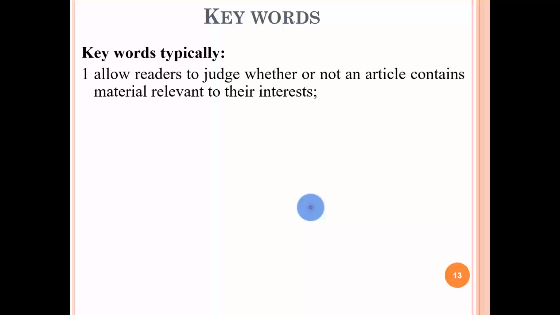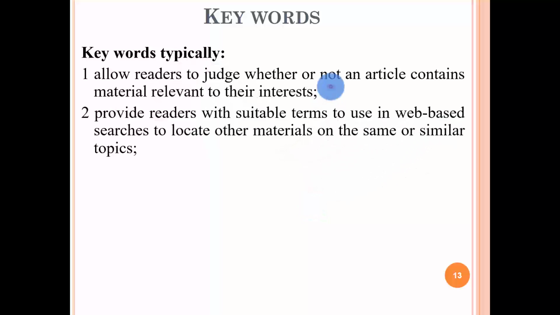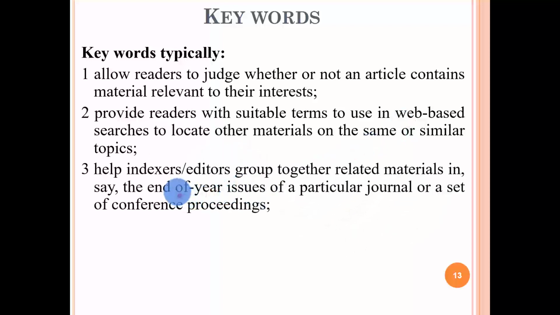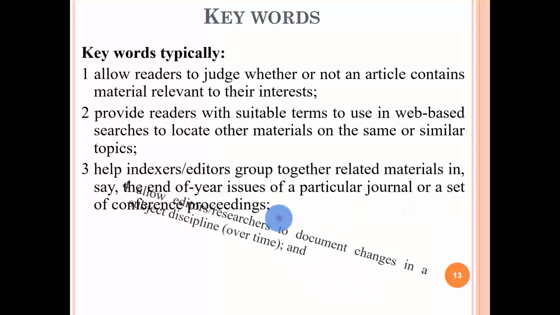So they allow readers to judge whether or not an article contains material relevant to their interest, and provide readers with suitable terms to use in web-based search to locate other materials on similar topics, and help the indexers or editors to group together related materials in, say, the end-of-year issues of a particular journal or a set of conference proceedings.